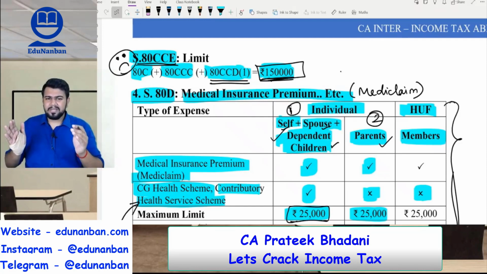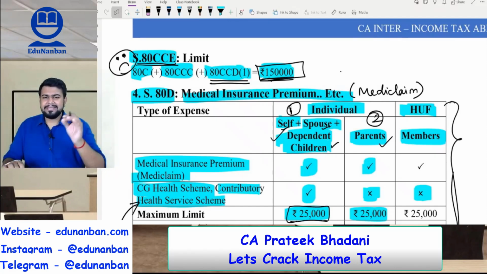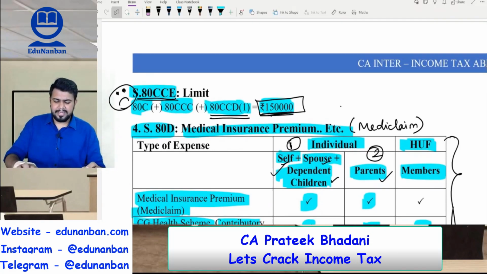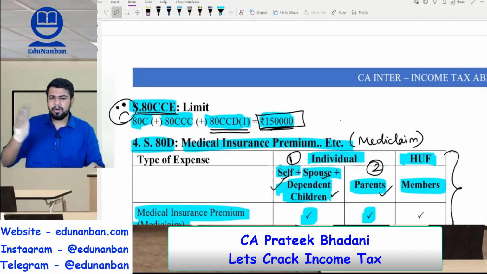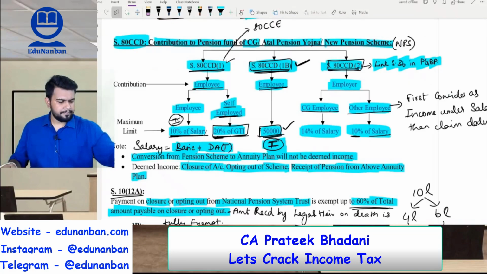All these three sections combined, the maximum limit is only 1,50,000. In 80C the limit is 1,50,000, in 80CCC the limit is 1,50,000, and in 80CCD there is another limit, that is salary or 10%, whichever is lower, which we are going to study. All these three combined, the maximum deduction that can be claimed is 1,50,000. So be careful. There are separate limits under all the three sections, and combined limit is 1,50,000.